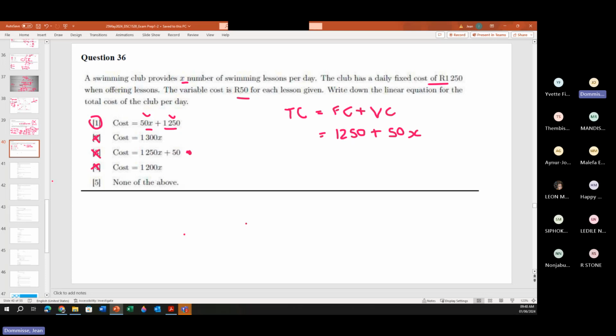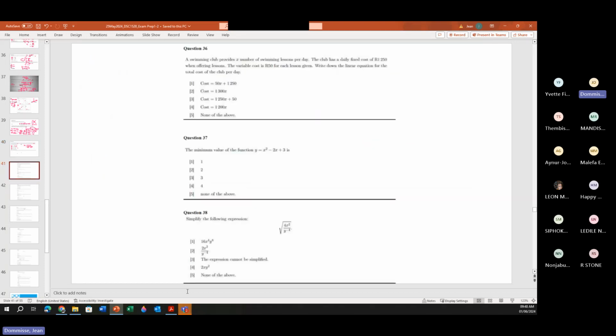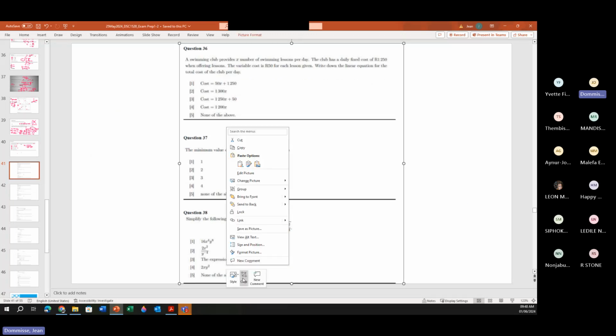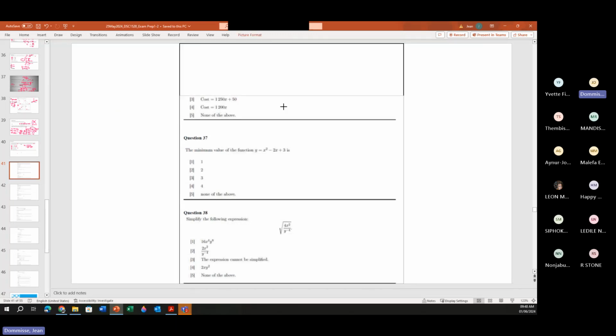Also, because it's written in the fixed cost plus variable cost way nearly. So just be careful when you do these questions, not to be rushed for time. You will see that in the exam as well.